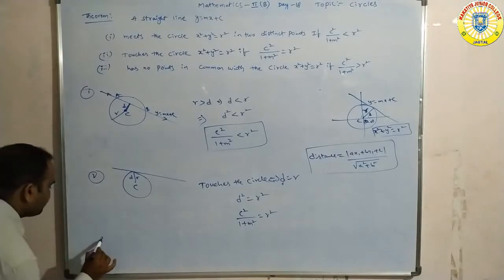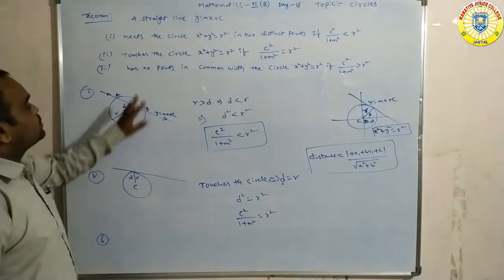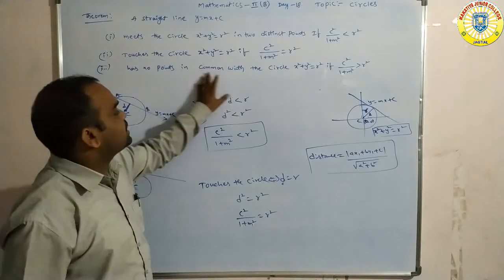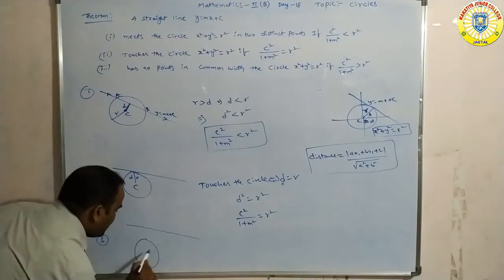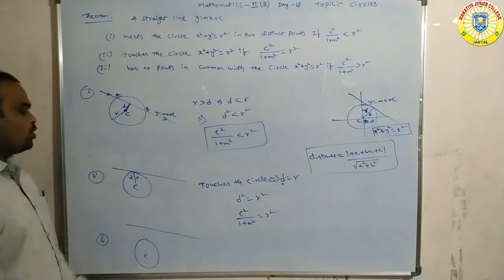Third, the line and circle have no common points.